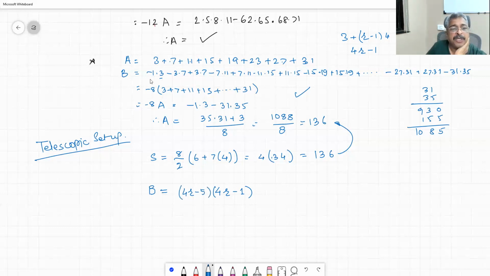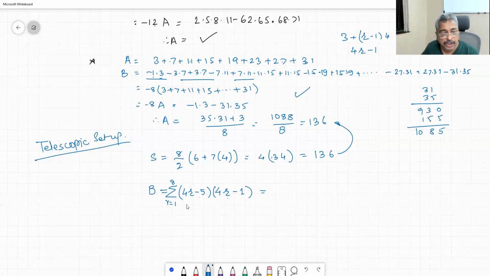So as far as B is concerned, I am trying to write down the rth term, and then my sigma I want to vary from r is equal to 1. If I put r is equal to 1, am I getting the first term? Yes. There are total how many terms? 8. So r goes from 1 to 8.